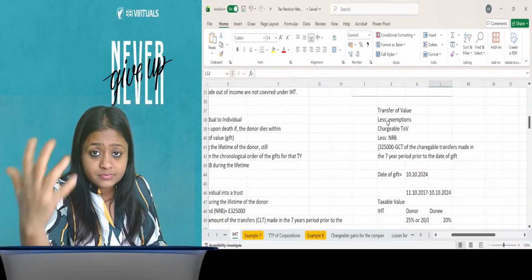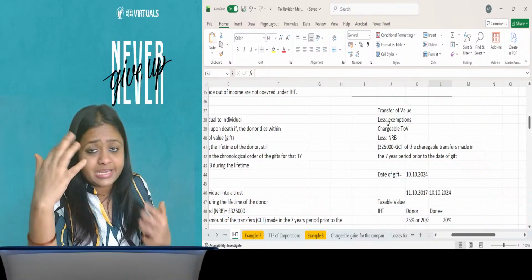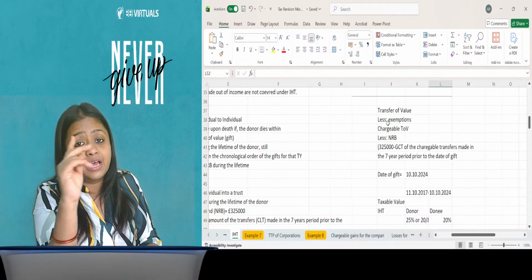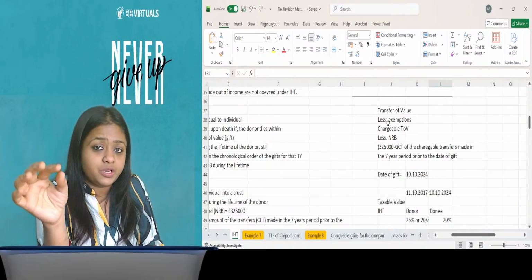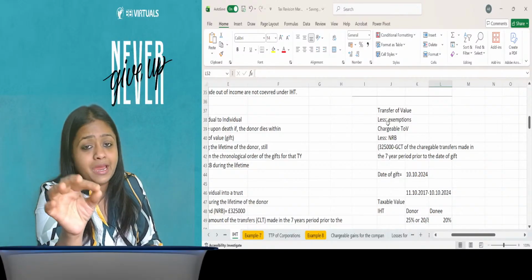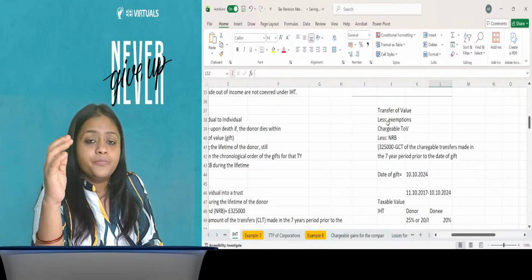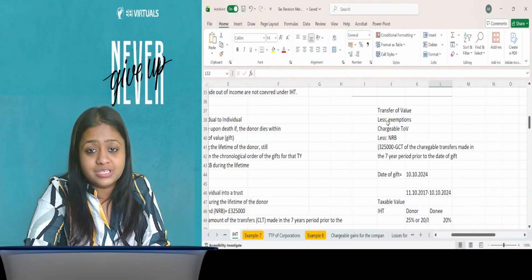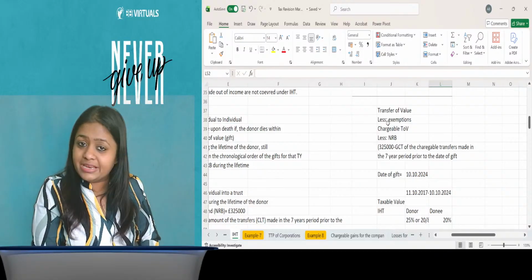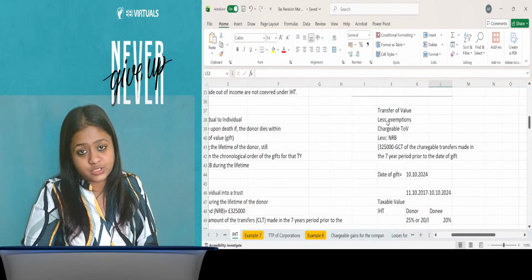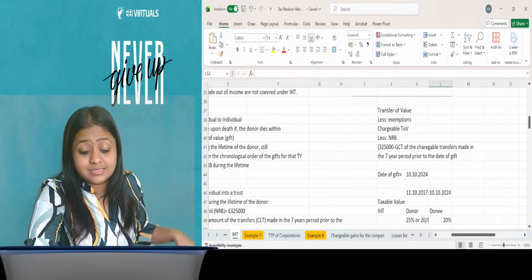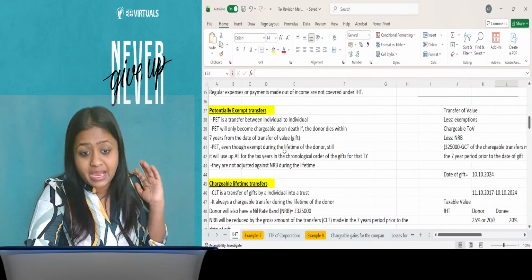Then you get the chargeable transfer of value, reduce NRB, but don't forget to reduce from the NRB the GCT of the chargeable transfers made within 7 years prior to the date of gift. Then you get your taxable value, and on that you apply IHT. Done? Very clear? Okay, let's move on to the next one. This is the entire thing that you need to know about lifetime IHT, nothing else.